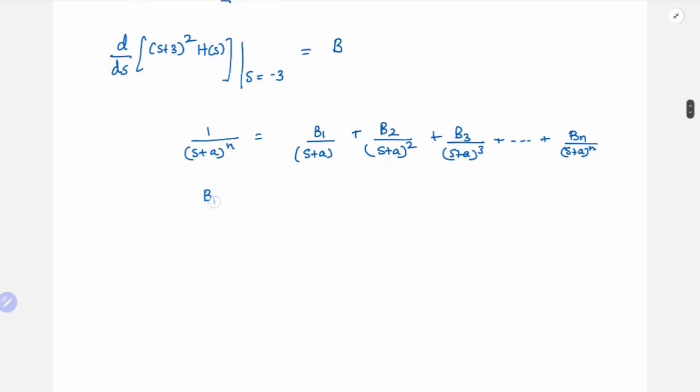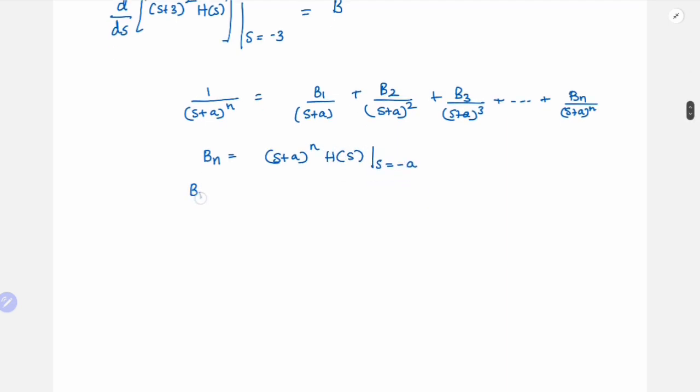So for my bn, it is simpler. You just multiply (s plus a) power n into h of s and take s equal to minus a. For b(n minus 1), you multiply the same way, but you take the derivative. So now what will I get? I'll just get a single constant term, at s equal to minus a.